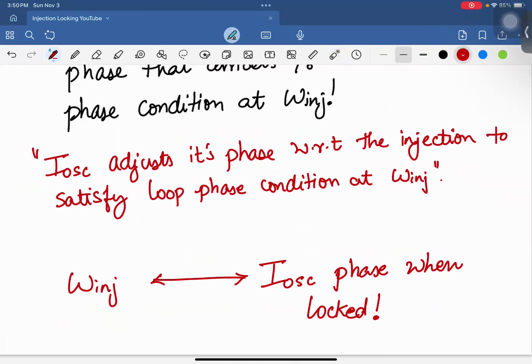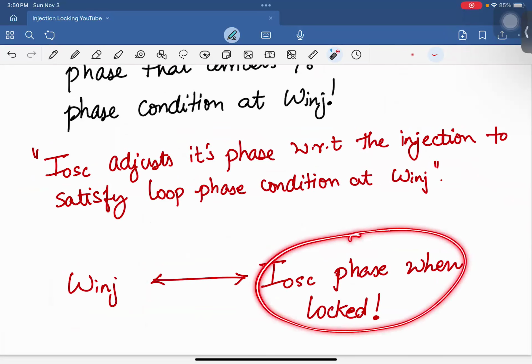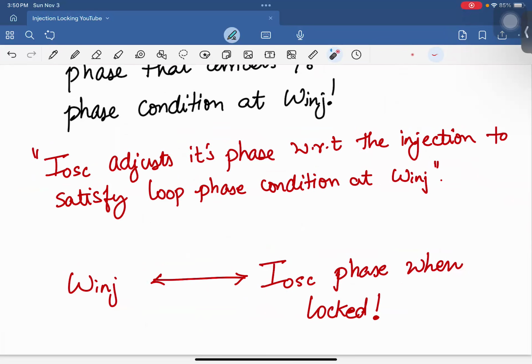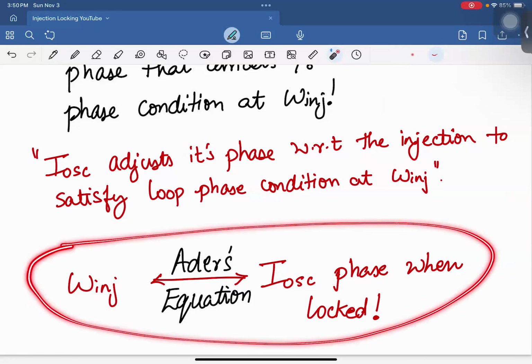And this exact analytical relationship between these two quantities, the phase of the oscillator and the injection frequency, is given by Adler's equation. Adler's equation is actually a little more general than that, but as a special case it will give us this relationship.